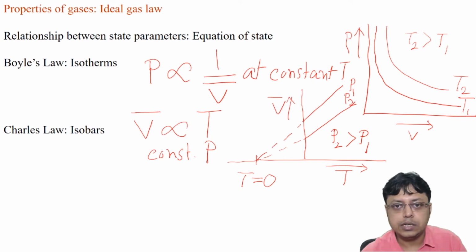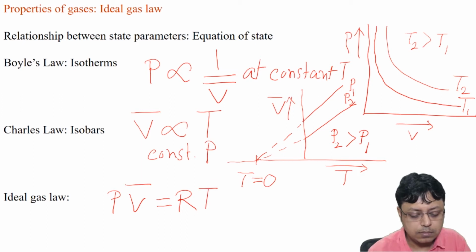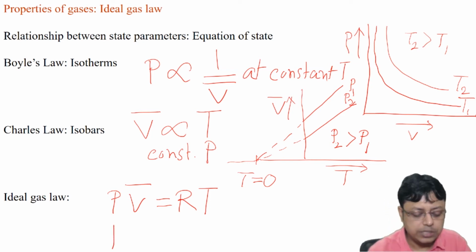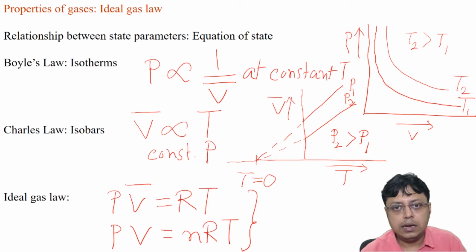Combining Boyle's law and Charles' law yields the ideal gas law, where R is the molar gas constant. In this case, we have also used the concept provided by Avogadro. We could also write the equation in the other form, which is PV is equal to nRT. So this is the ideal gas law. This is nothing but an equation of state for ideal gases.